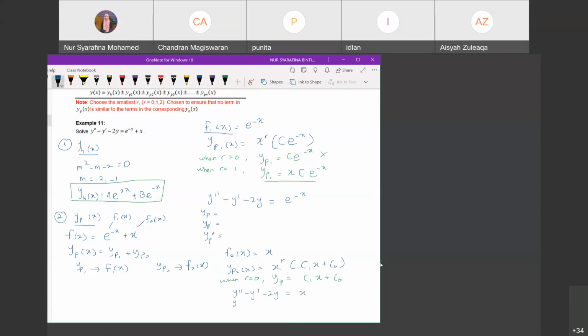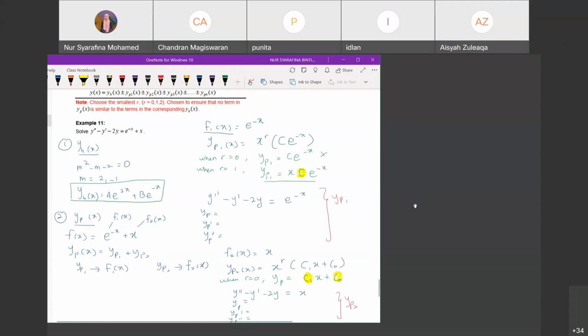Solving this, you have to have your yp prime, yp double prime, and identify the value of the constants in order to find yp1 and yp2. Solve this to get your yp1 and solve this to get your yp2. Same process, but just twice the calculation here, right?